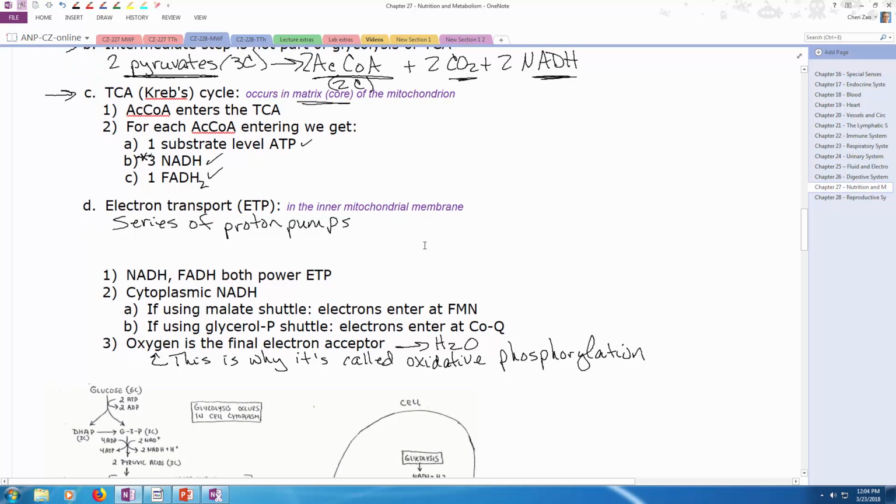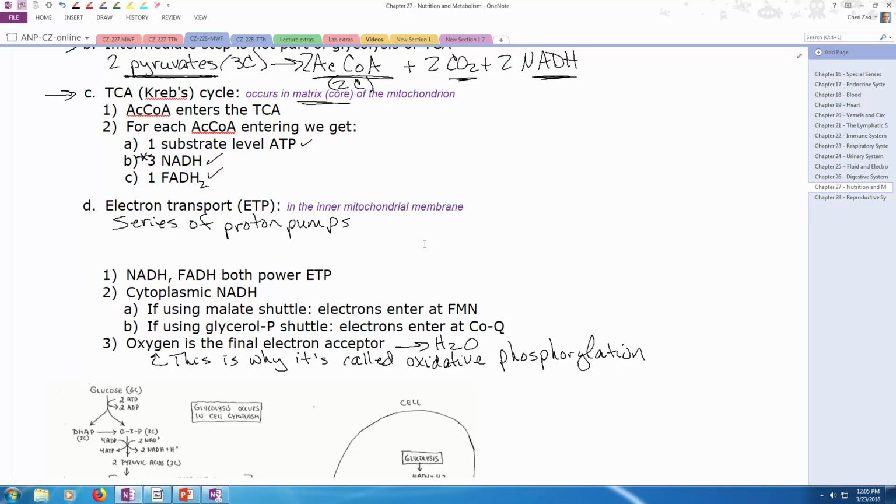Now, this is where we get the big bang for the buck. The ETP, or the electron transport process, occurs on the inner mitochondrial membrane. Remember, the mitochondria are double membrane structures, and we are going to find that we have a series of proton pumps. And whenever you hear the word pump, what should you automatically think about?